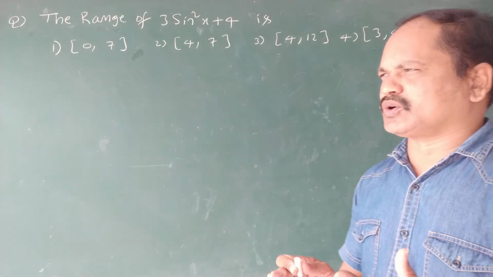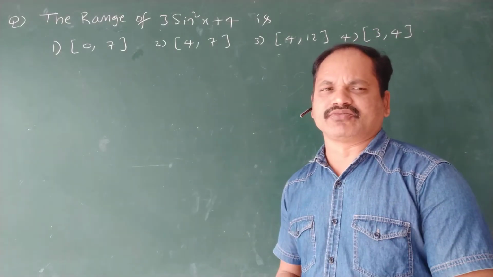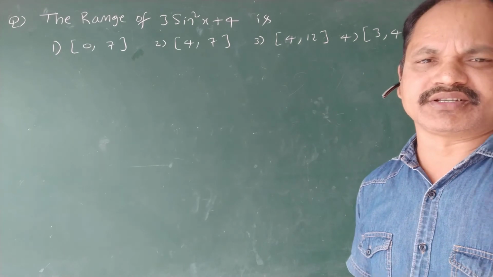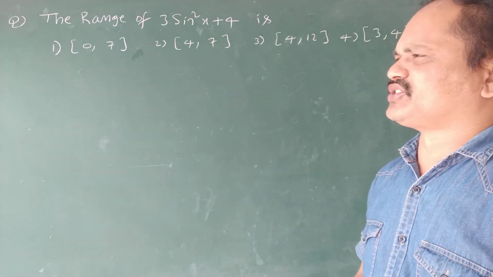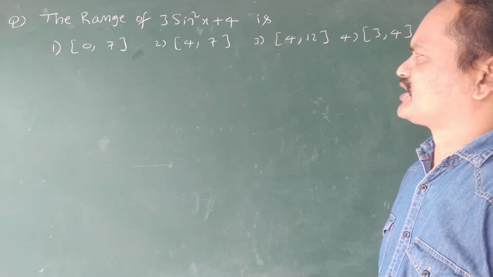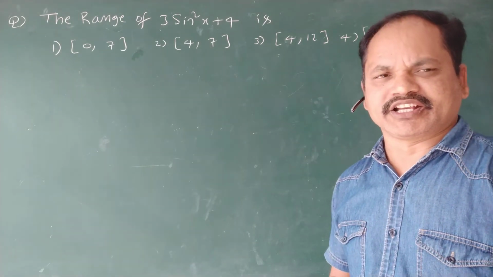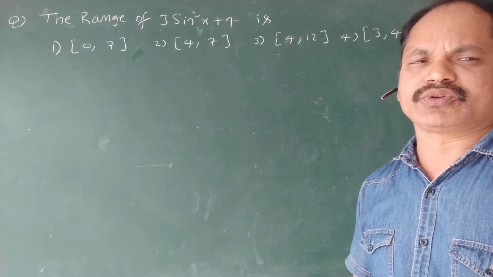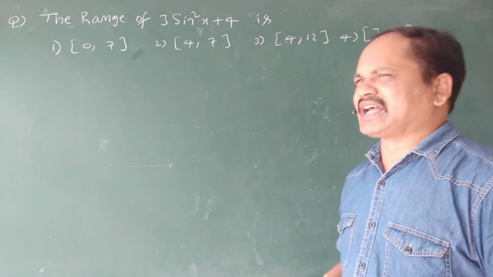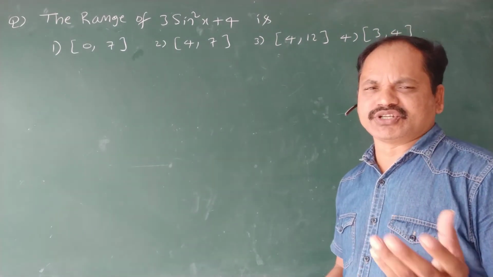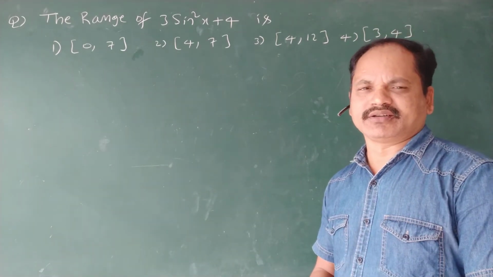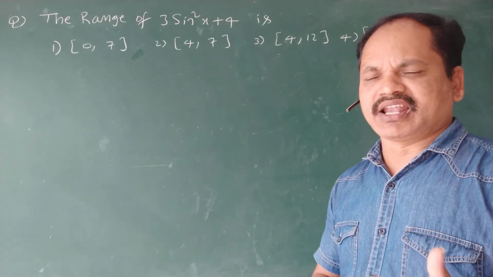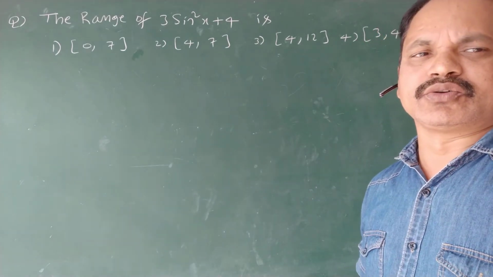That means a closed interval of minimum value to maximum value is nothing but the range of the function. That's why we have to identify the range of this function 3 sine square x plus 4.